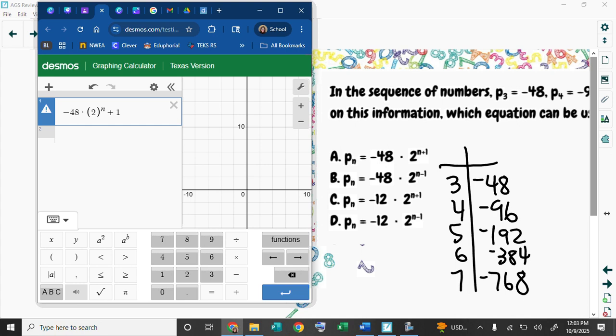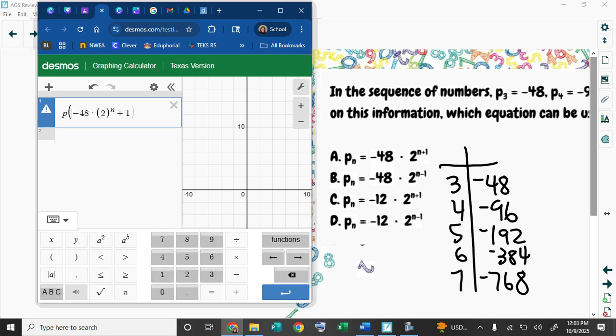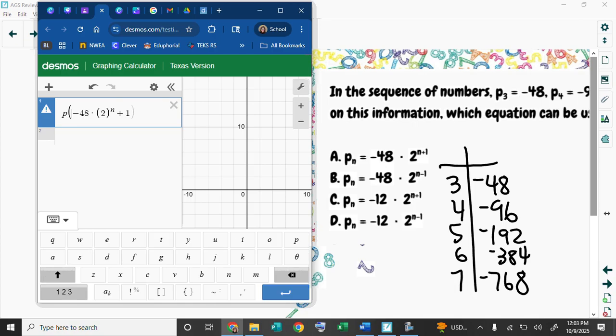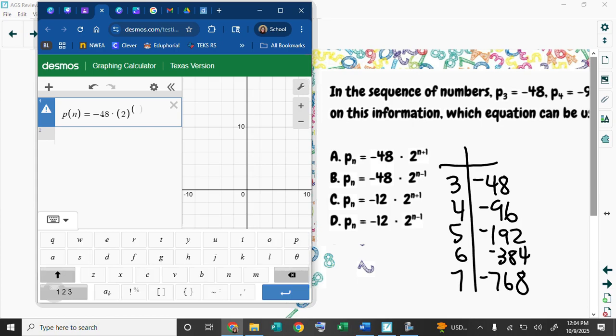Oh, I forgot to put the first part, the P of n equals. Oh, I goofed up too. You are going to have to watch it. I have to do raised to the open parentheses n plus 1.